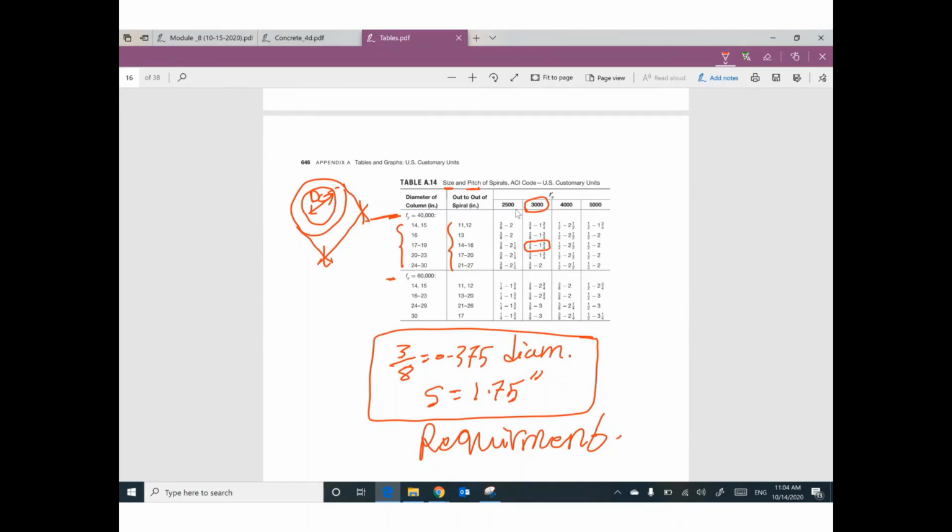Then, based on the value of F prime C, I can tell you the size and the pitch S.